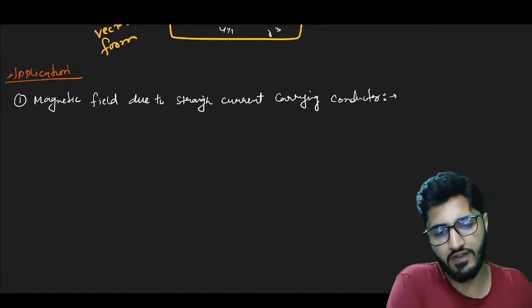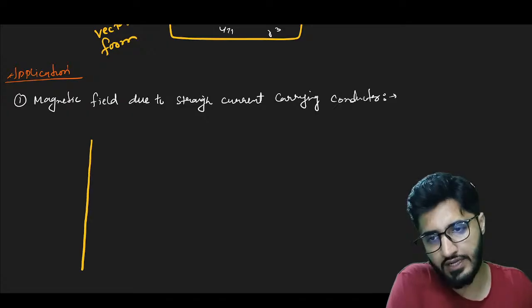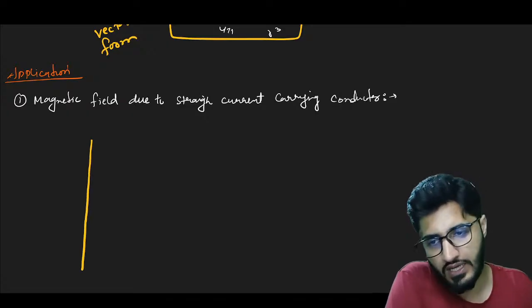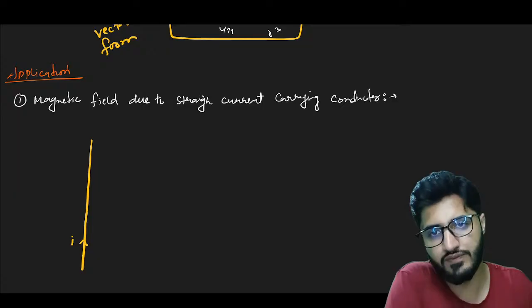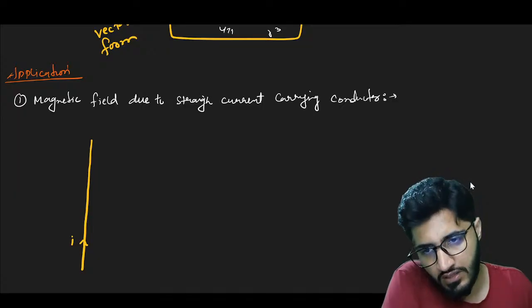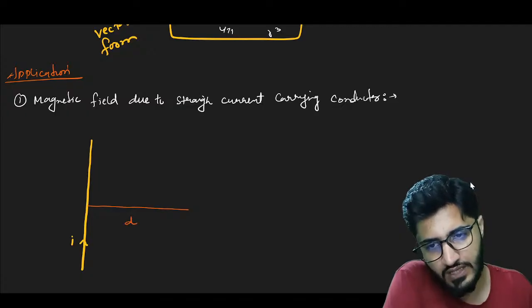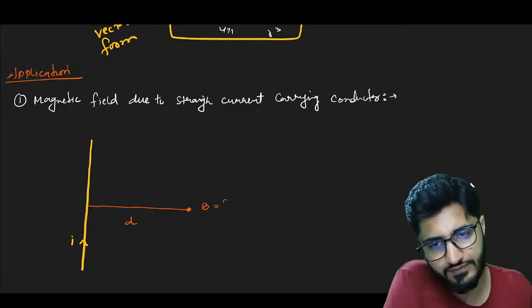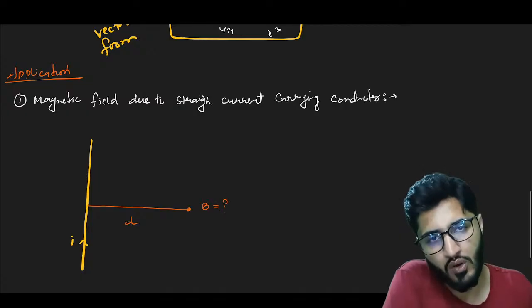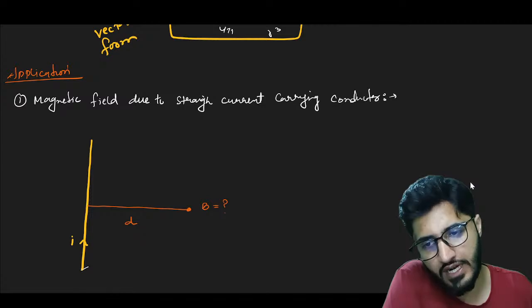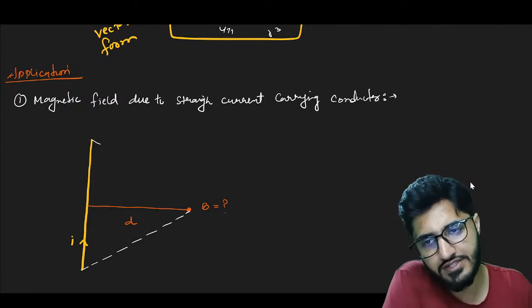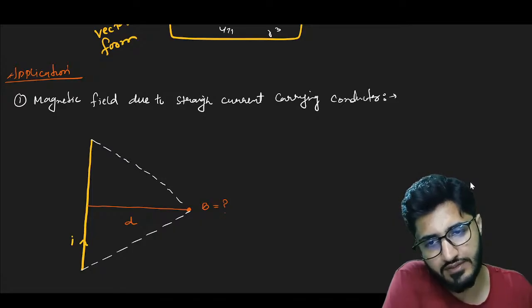So if we have a straight current carrying conductor, current I is flowing through it, and I will take a distance here. Distance is d. At this particular point, I need to calculate my magnetic field. How to get it? As we know from electrostatics, I need to join the extreme ends.